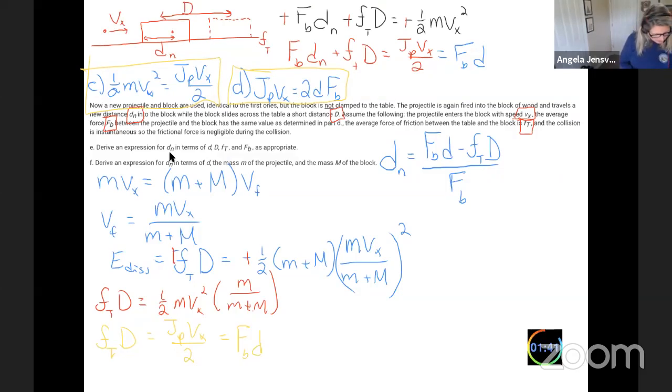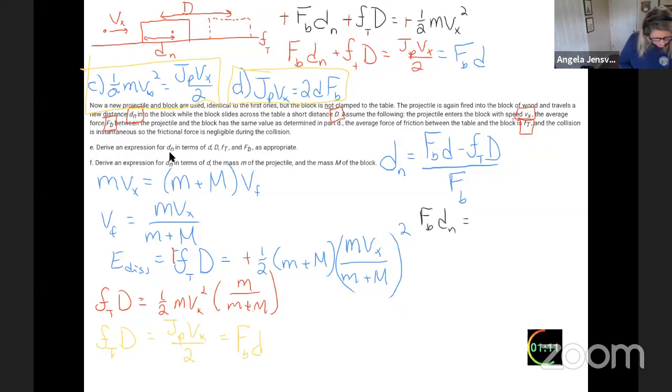And then if we go back up to our answer from E, we can rewrite FTD. So I'm going to solve this. Oops. FTD is equal to FBDN. Well, that should have been a minus. Okay, I think I'm skipping too many steps. So let me just multiply through.